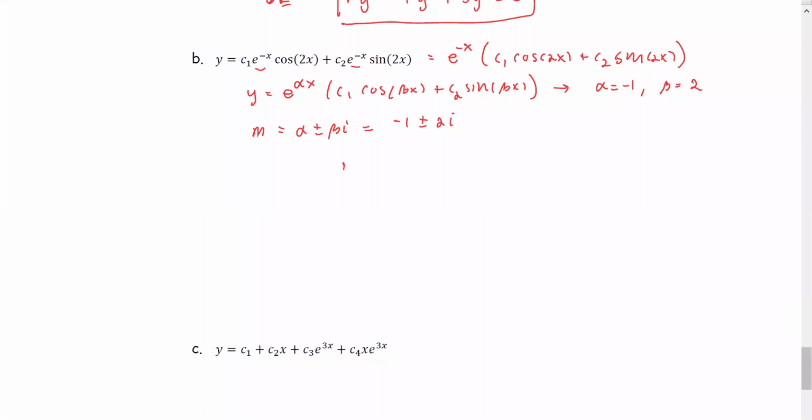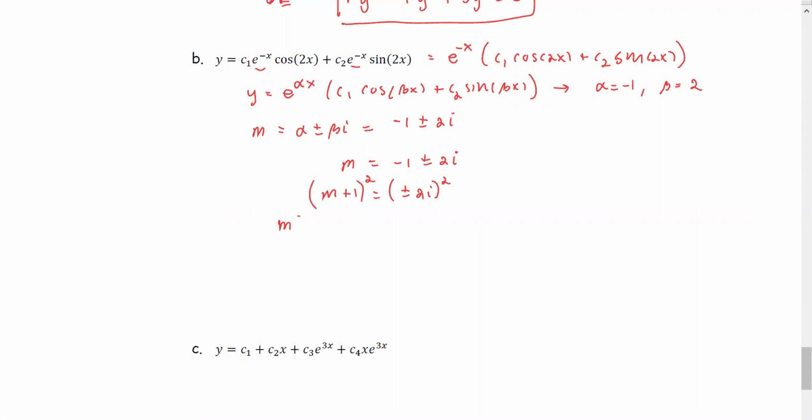So with m equals -1 plus or minus 2i, we put them back together as the auxiliary equation by forming the equation for m. m equals -1 plus or minus 2i, or m plus 1 equals plus or minus 2i, raised to the second power on both sides.